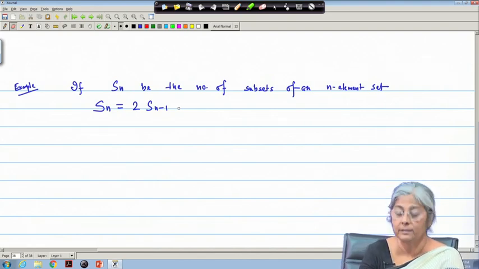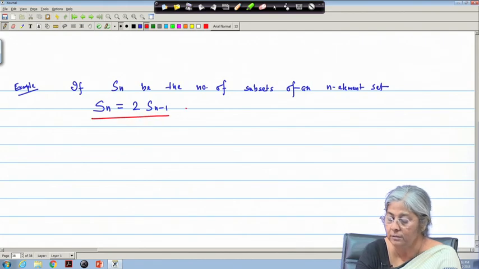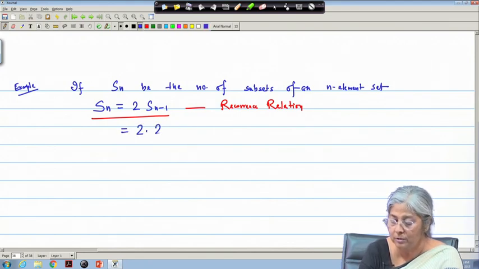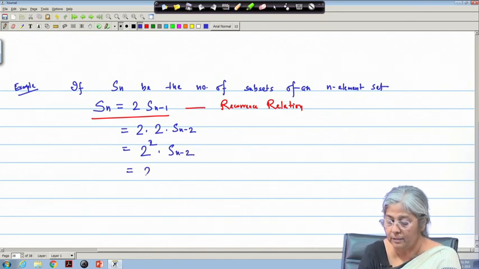Now, this is my recurrence relation. If I apply iteration, this becomes 2 into 2 S_{n-2}, which is 2 square S_{n-2}. Again I can apply, 2 square into 2 S_{n-3}, so this becomes 2 cube S_{n-3}.